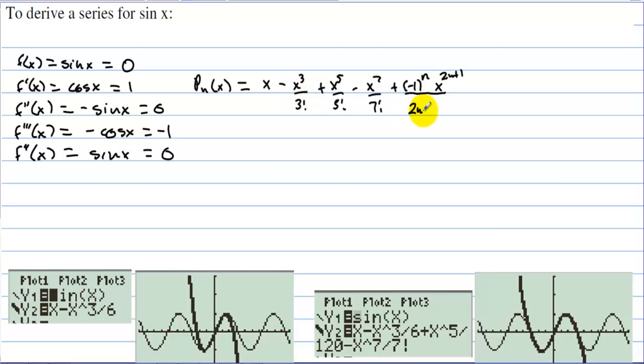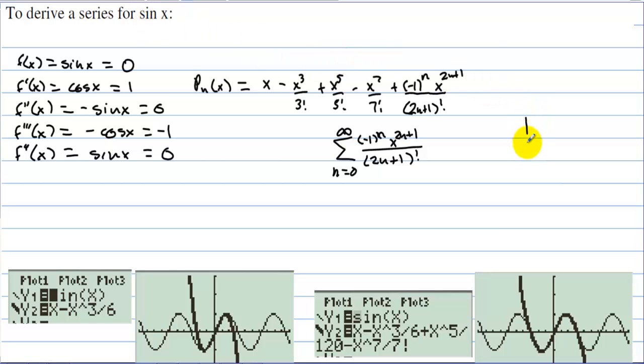So we would need 2n plus 1 factorial. And this is if we plug 0 in, we would get this series. So then the sigma notation is the sum from n equals 0 to infinity of -1 to the n x to the 2n plus 1 over 2n plus 1 factorial. And that's the Maclaurin series for sine of x.